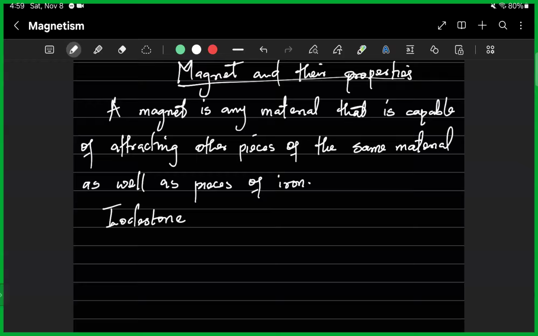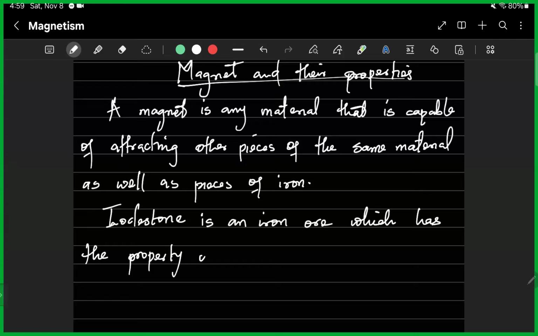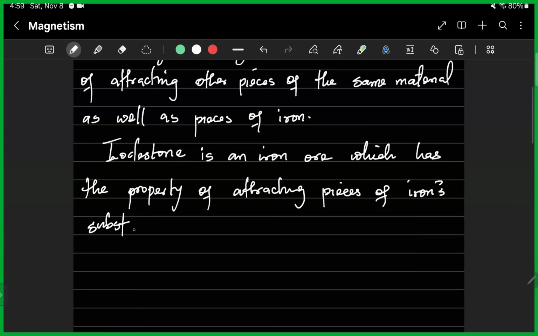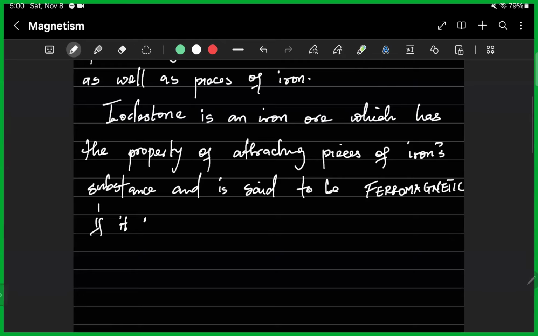So lodestone is an iron ore which has the property of attracting pieces of iron substance, and is said to be ferromagnetic if it is attracted by a magnet.